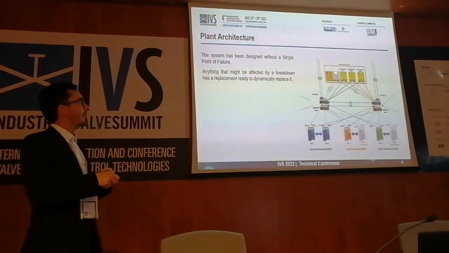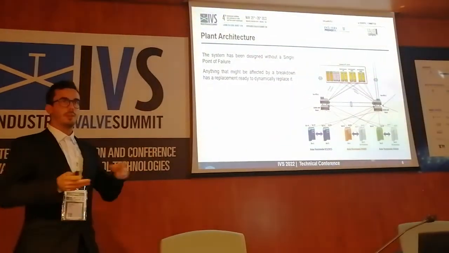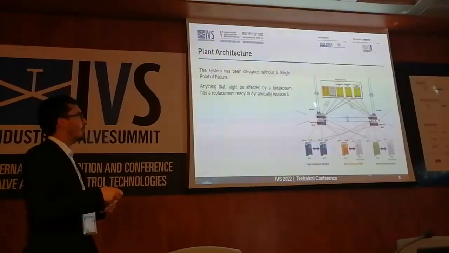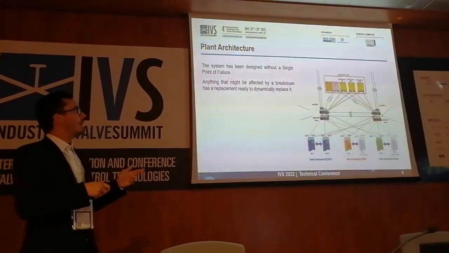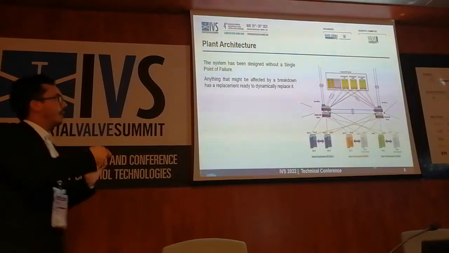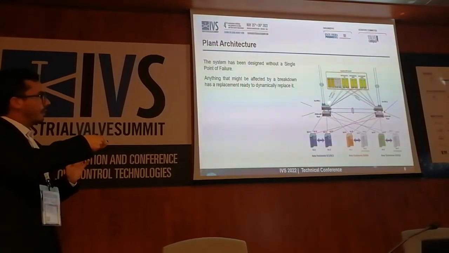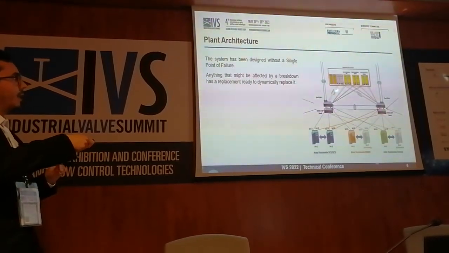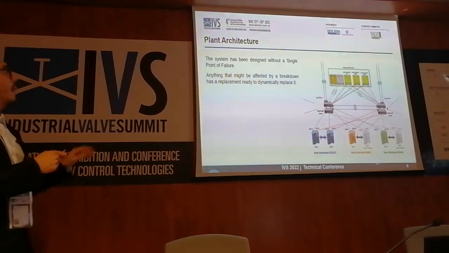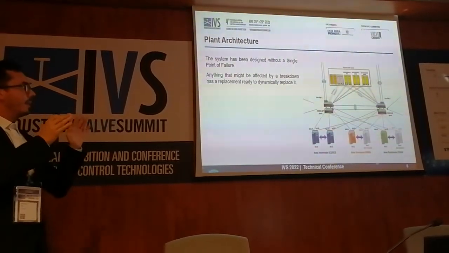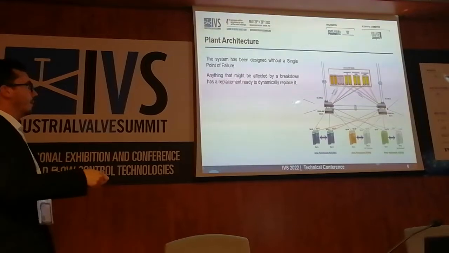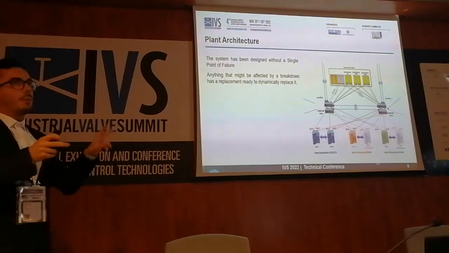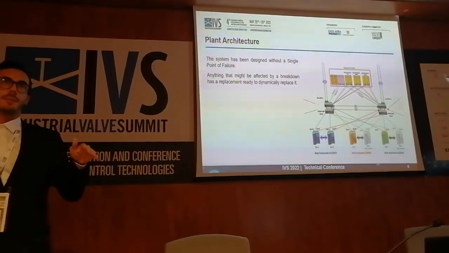So if something happens not to the equipment but to the communication, for example, the Ethernet cable or the network switch, the communication may go from here to there and then to the first VCS server, as well as on the other side, and we can provide, in case of failure of anything at all, for example this switch or the server or the other switch, the communication with one of the redundant parts of the system in terms of network communication.